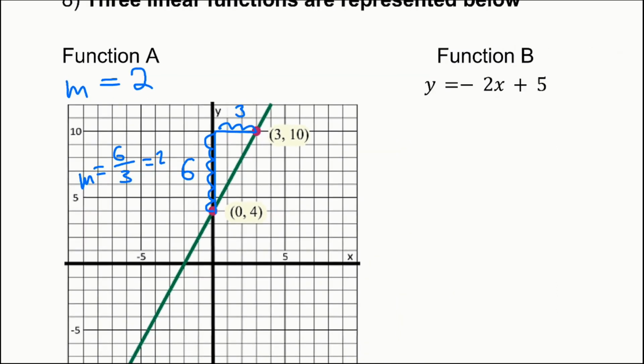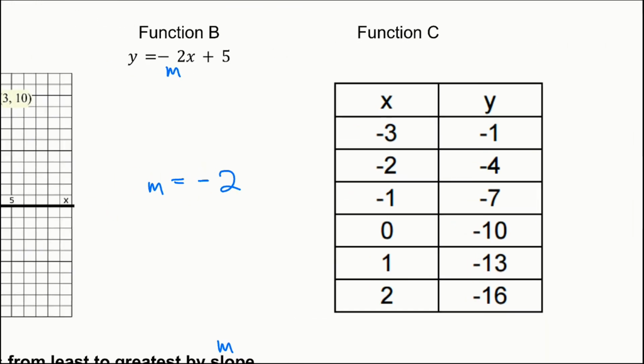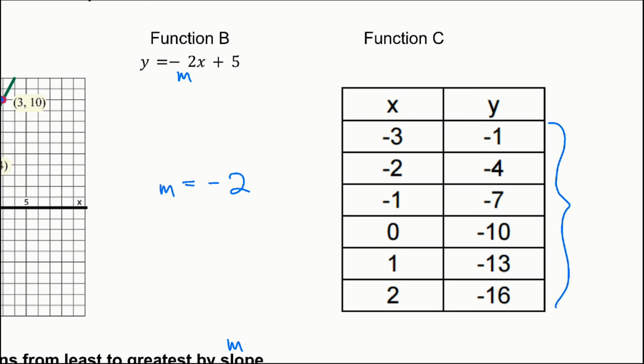For function b, m is going to be the number that is attached to the x. So that's going to be your slope, a negative 2. And then for function c, slope is going to be the change in the y divided by the change in the x.